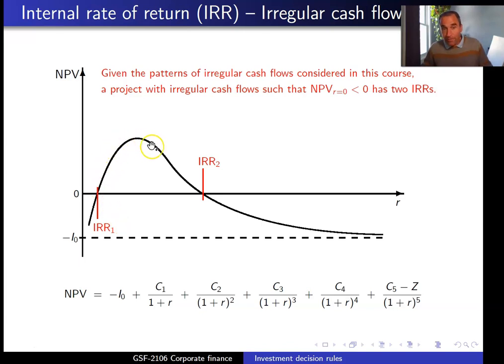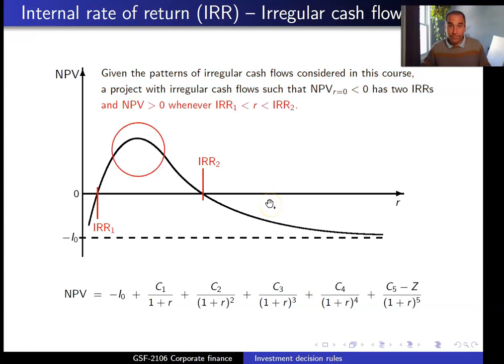Then it's positive for a while and it starts falling towards minus I0, and at some point it will cross the horizontal axis at the point that corresponds to the second internal rate of return of the project. And there's going to be a region between the two internal rates of return where the NPV will be positive.